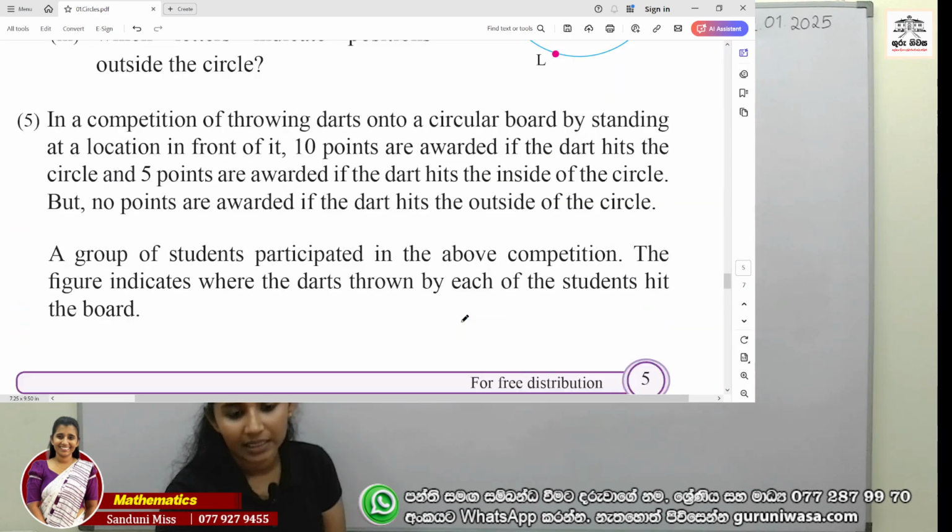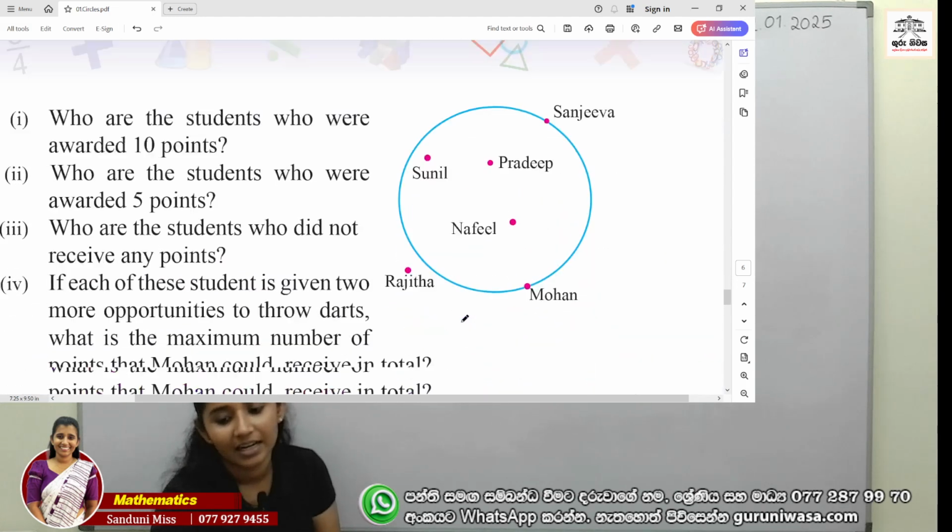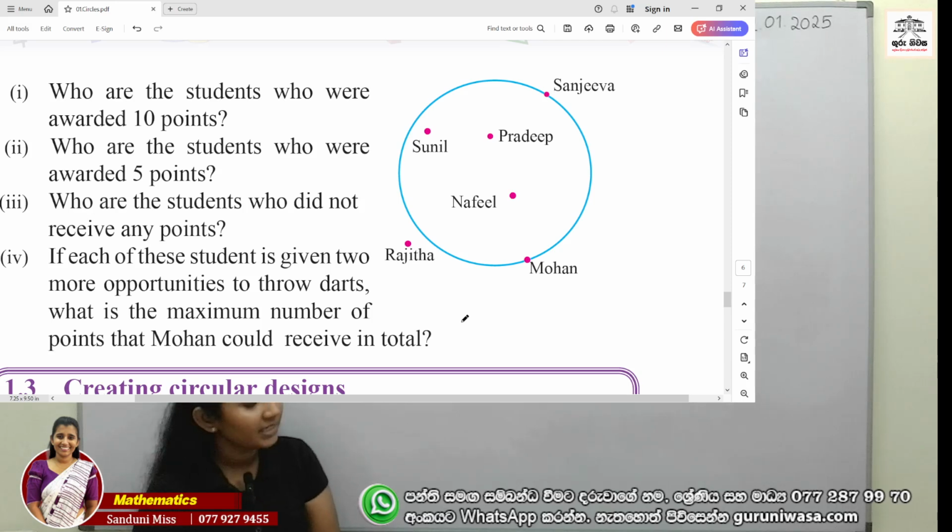Now they say in a competition of throwing darts onto a circular board, 10 points are awarded if the dart hits the circle. Where is the 10 point?